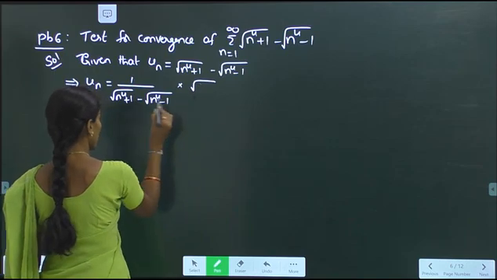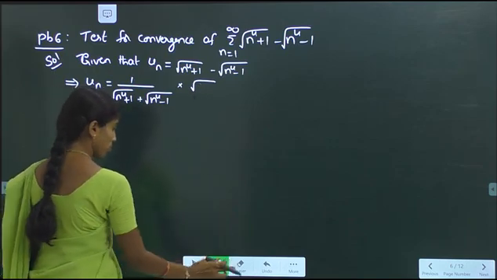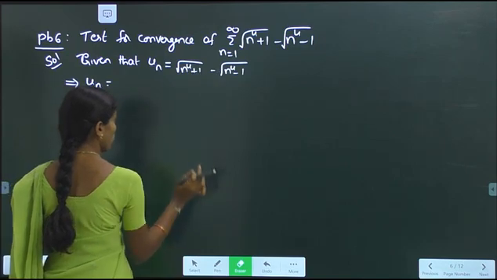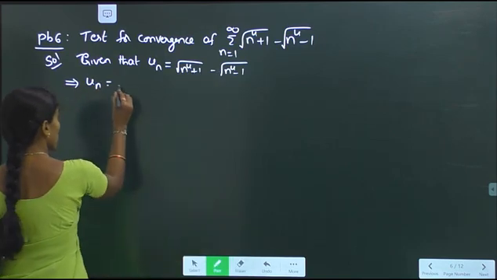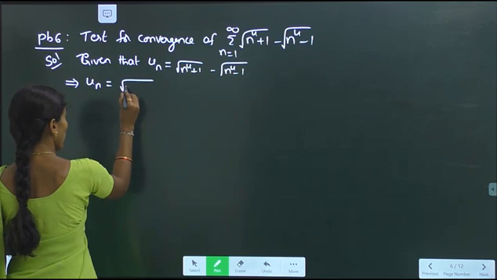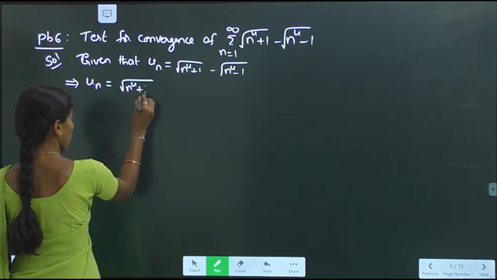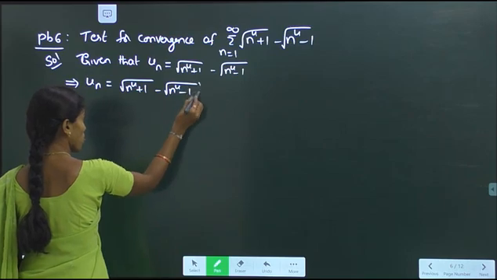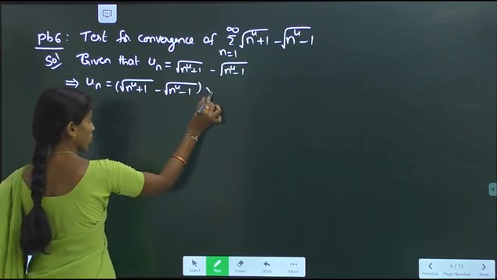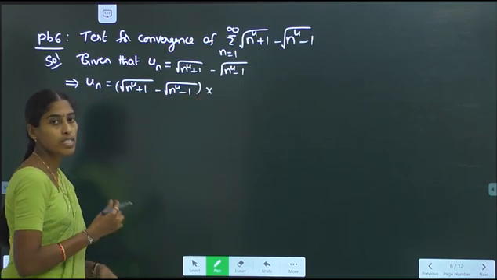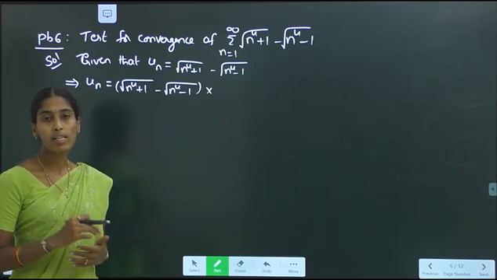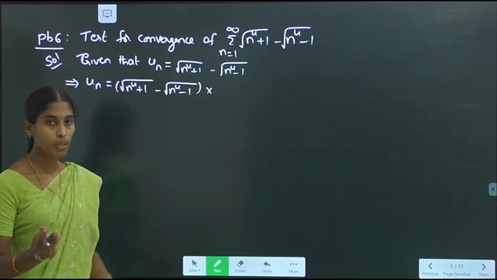To rationalize this one, it is in the form of a minus b. So to rationalize it, we have to multiply and divide by the a plus b form.